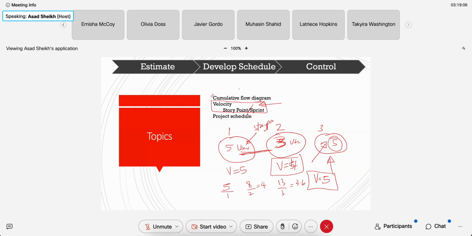So your velocity is decreasing. Actually, it was 5 on the first sprint. Second sprint you had 3, so 8 divided by 2 became 4. So velocity becomes 4. Then it became 5 again. So 5 plus 3, 8, 8 plus 5, 13. 13 divided by 3 is 3.6. So velocity was 5, 4, 3.6. So velocity is going down after every sprint.